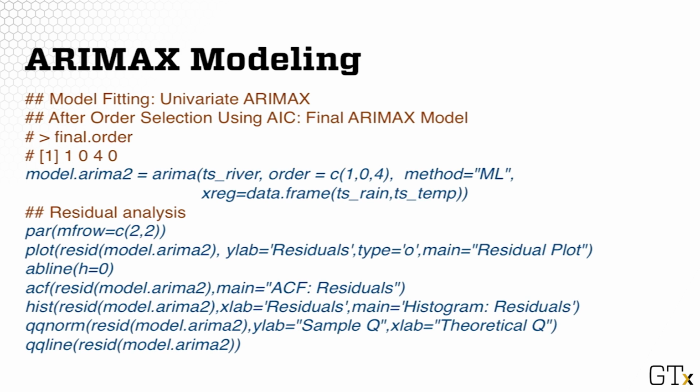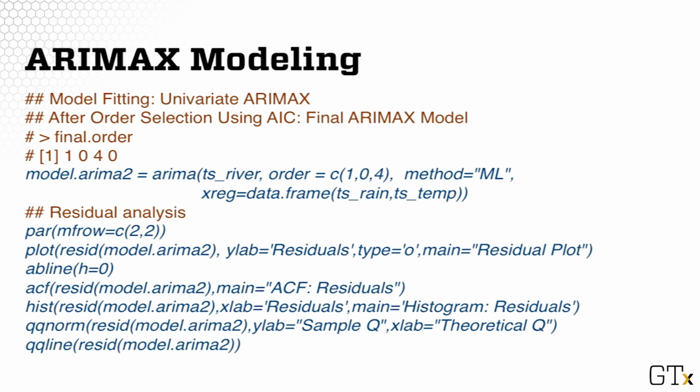Next, we'll extend the ARIMA model to account for exogenous factors such as temperature and rainfall. Just like the VAR-X model, this is called ARIMA-X. The auto.arima command allows specification of exogenous factors through the xreg option.